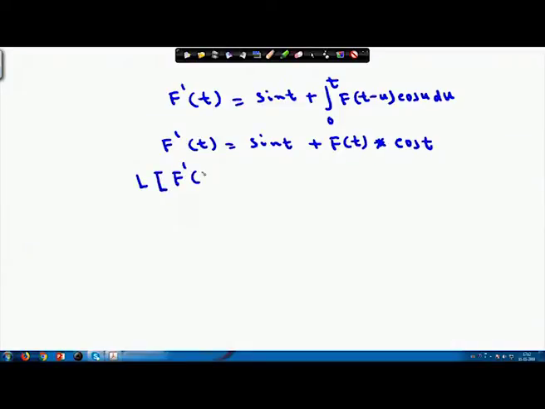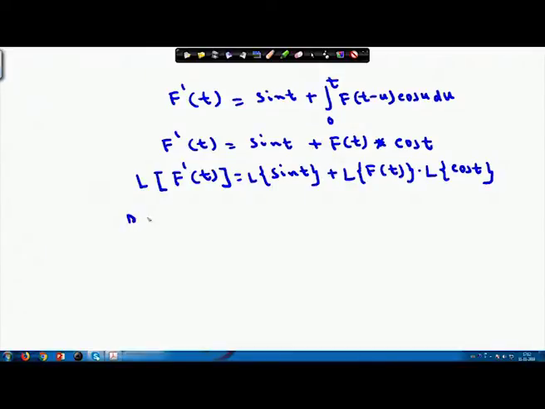The Laplace transform of f′(t) equals the Laplace transform of sin t plus the Laplace transform of f(t) times the Laplace transform of cos t. What is the Laplace transform of f′(t)? From the definition, it is s times the Laplace transform of f(t) minus f(0).